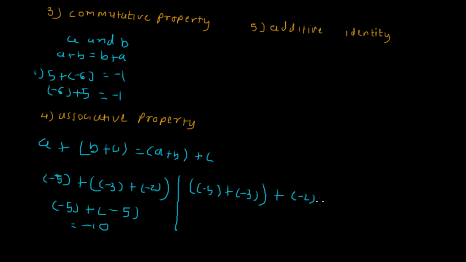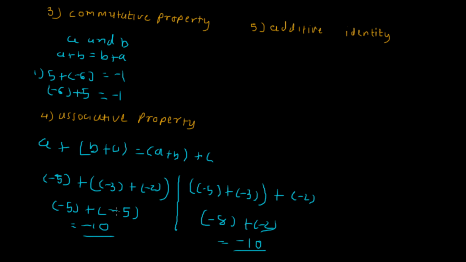So what will we get? Here we get -8 plus -2, and the answer we get is -10. So guys, we tried doing it another way with the same values, and the answer we get is the same. So we can say this property is associative for the integers.